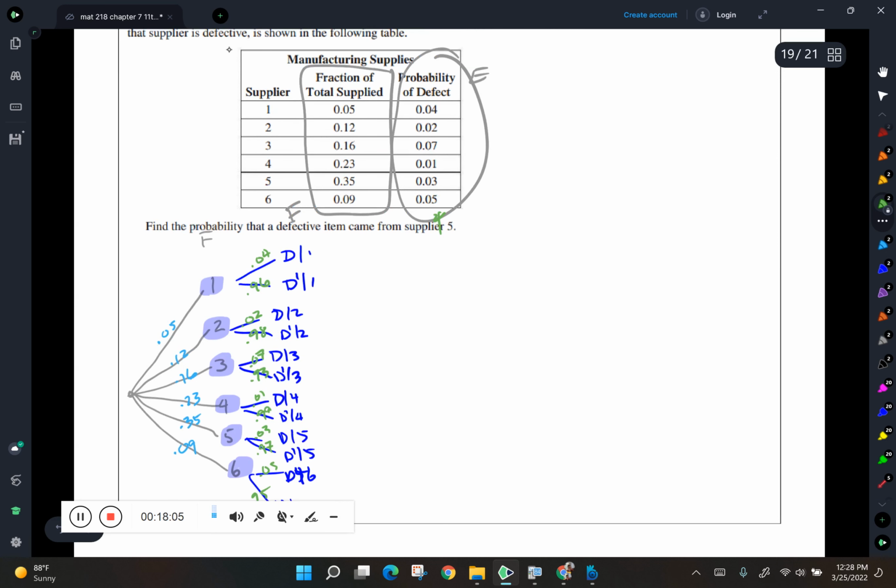And then they want us to find the probability that the item is defective given that it came from supplier 5.